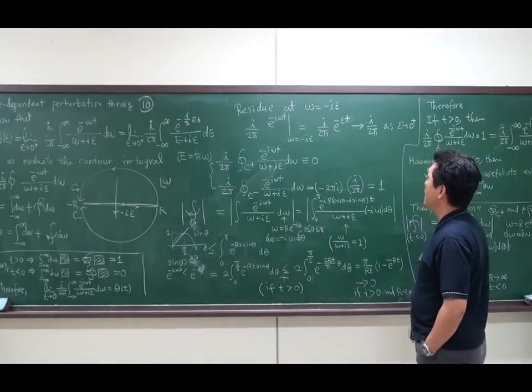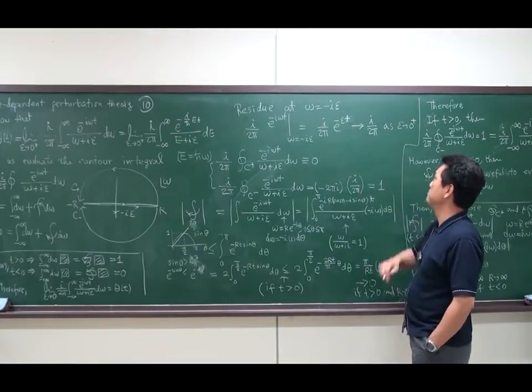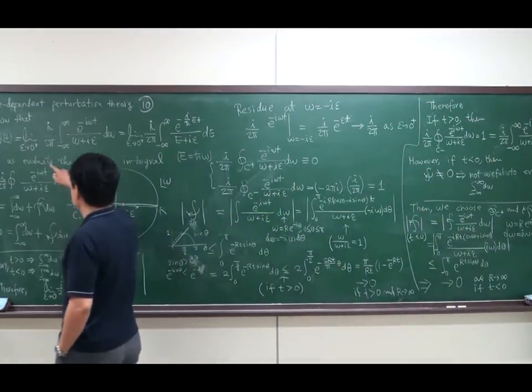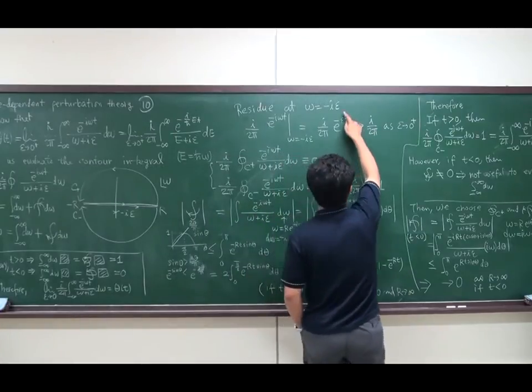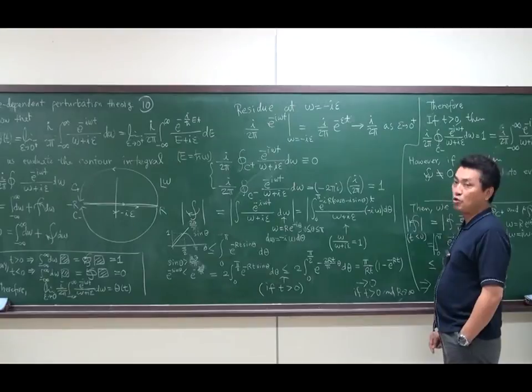Then the value is i over 2 pi exponential minus epsilon t. As epsilon goes to 0 plus, this becomes 1, and the residue is i over 2 pi.